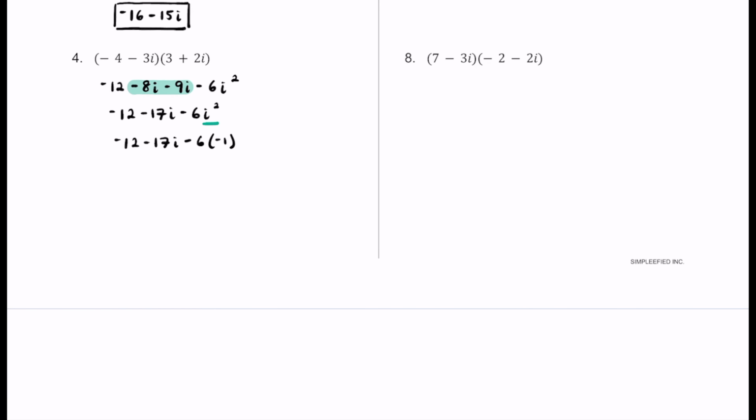Now negative 6 times negative 1 is positive 6, so really we have negative 12 minus 17i plus 6. And then negative 12 plus 6 is going to be negative 6. We have negative 6 minus 17i. This would be standard form for this complex number, and a is equal to negative 6, and b is equal to negative 17. All right, let's check out number 5.